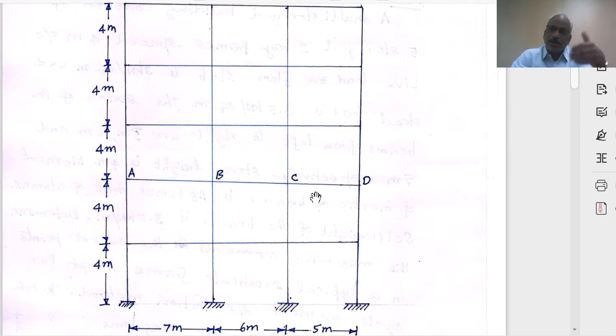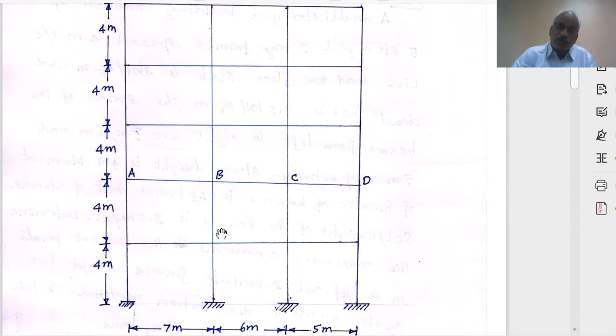Similarly, the frames are spaced at 4 meters center to center. Suppose this is the left end; to the right end you have a number of frames: one frame, next frame, next frame, next frame. The frames are spaced at 4 meters center to center. We have to understand the structure, because unless we understand the structure, we do not know how to do the load calculations, which is very, very important. That is why I have shown the figure first.